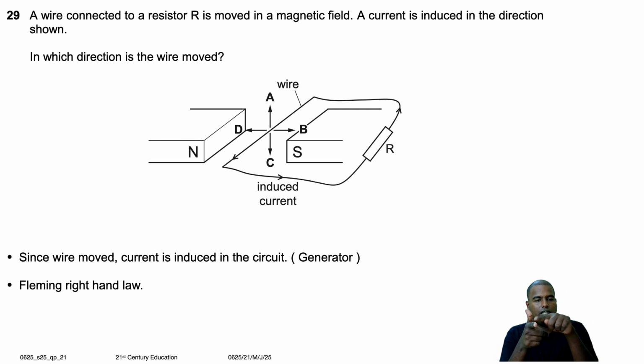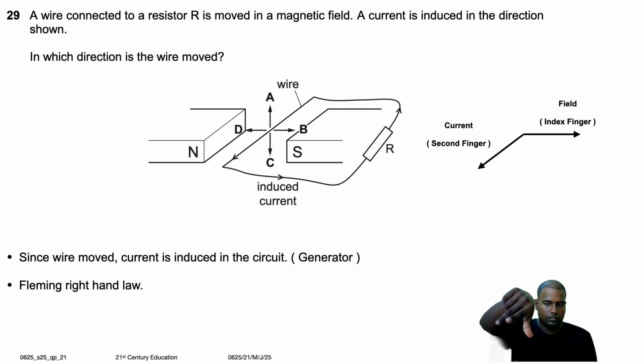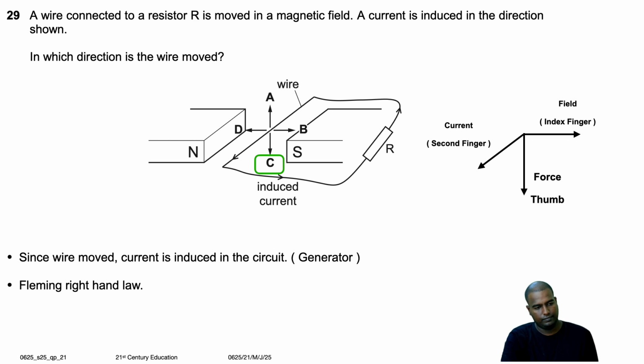This is the current, this is the field. The field is from left to right, current towards us. So the thumb is down, the first finger is the field in this direction, and the second finger is towards me, the current. So the thumb is down, so the answer should be C.